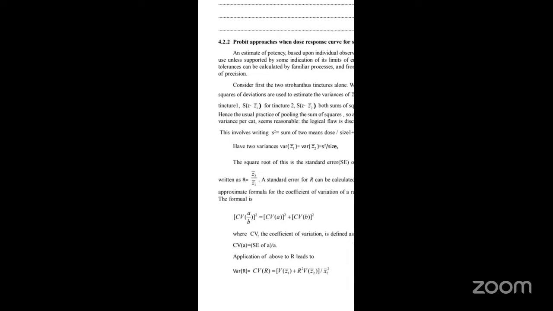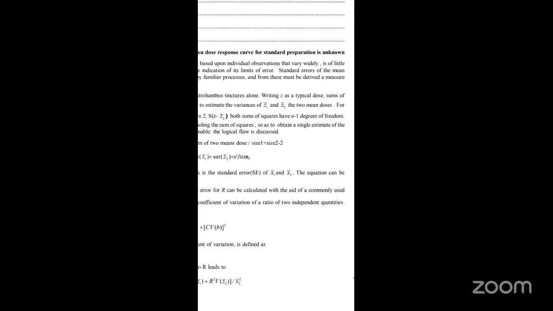The variances of Z bar 1 and Z bar 2 are equal to s square by size. The square root of this is the standard error of Z bar 1 and Z bar 2. The ratio can be written as capital R equal to Z bar 1 by Z bar 2.